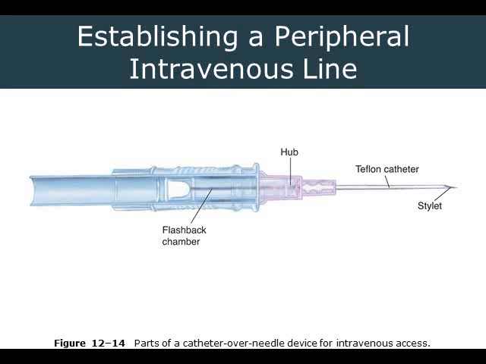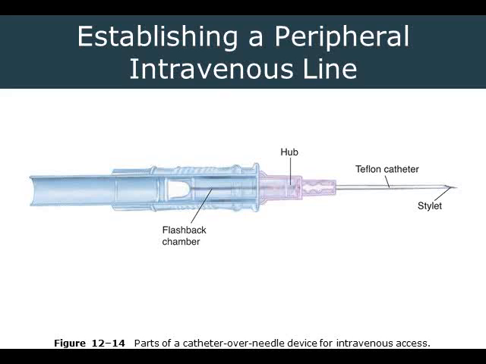When we're looking at an IV catheter, this is one of the most common styles of catheters here. It's not technically a needle. It has a needle within it, but only to get it into the vein.